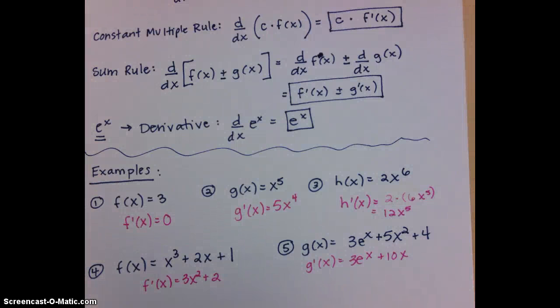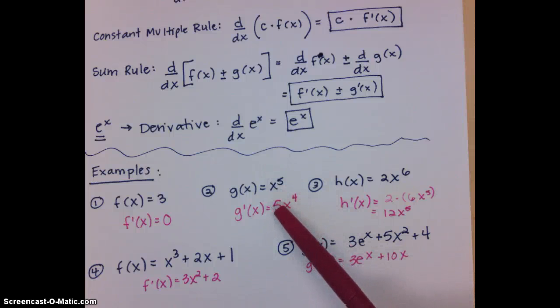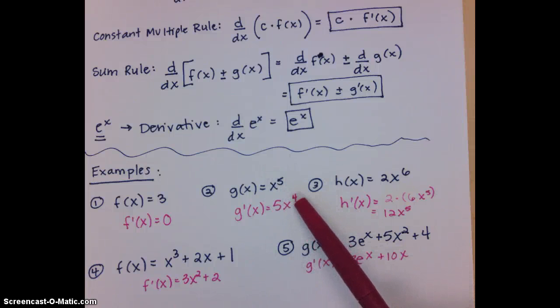Okay, hopefully you paused the video in order to try some of these examples. Now let's take a look at their answers. For number 1, we had a function that was constant, f of x equals 3, and we took its derivative, and the derivative of a constant is always 0. So the answer to that one should just be 0. Number 2, we had to use the power rule. So we take the exponent 5 and we multiply it out in front, and then we decrease the power by 1.